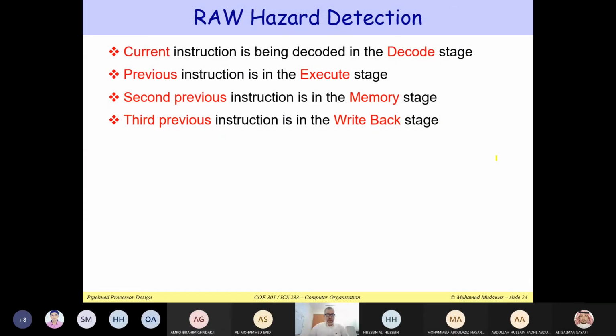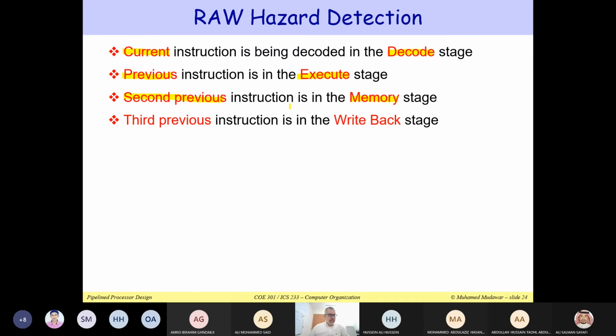Remember, the current instruction is in the decode stage. The previous instruction will be in the execute stage, now executing inside the ALU. The second previous exists in the memory stage. The previous is in the execute stage and its destination is RD2.